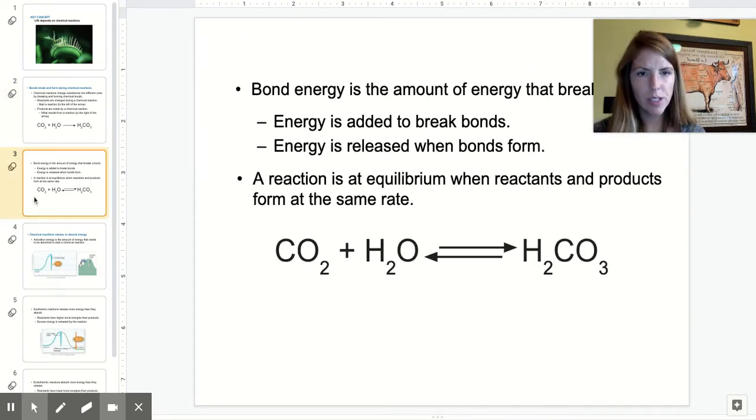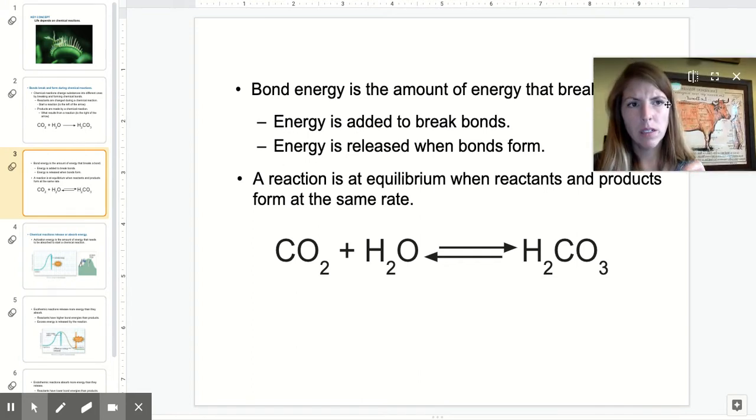Now it's interesting because every reaction takes a certain amount of energy. That energy has to be added. And when that energy is used to break the bond, you can measure it and we can represent it, which is kind of neat.